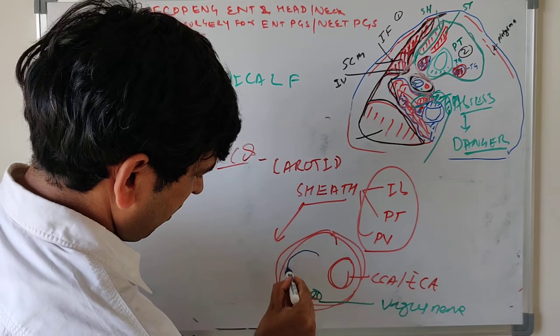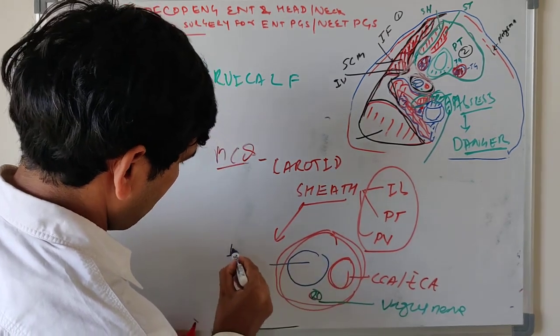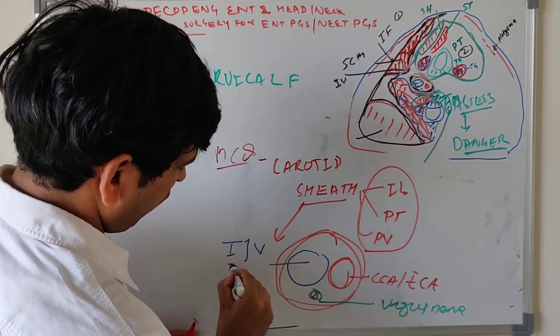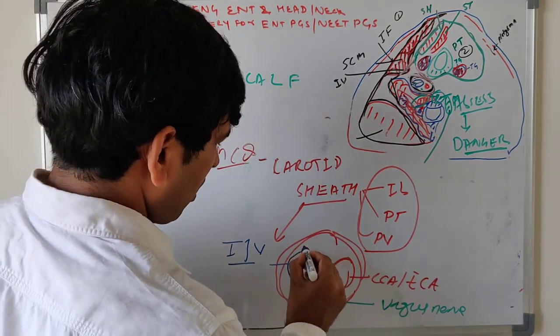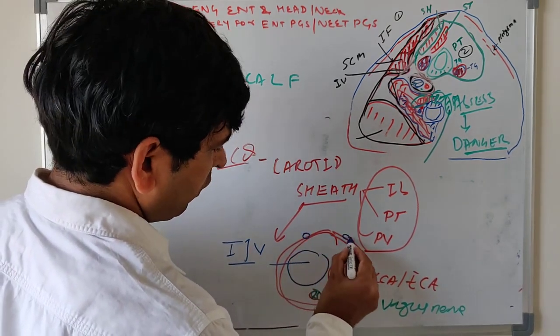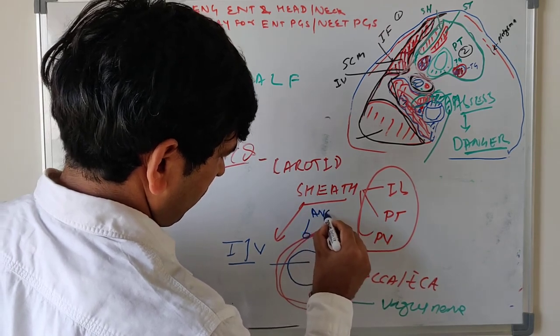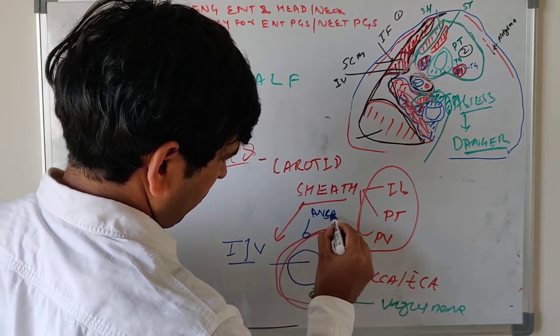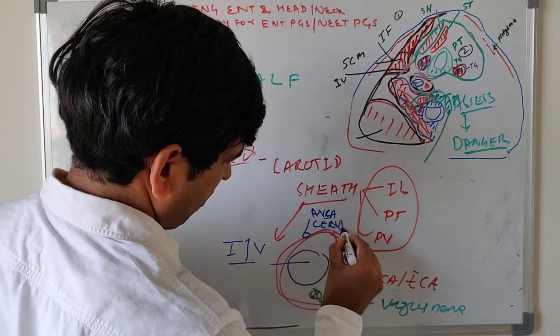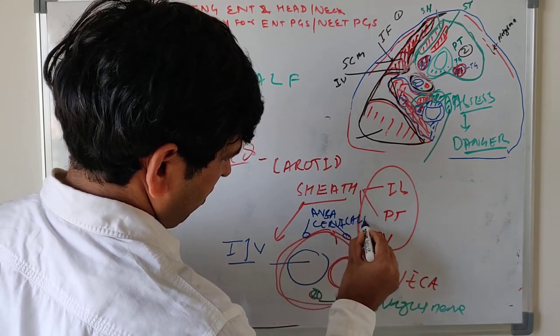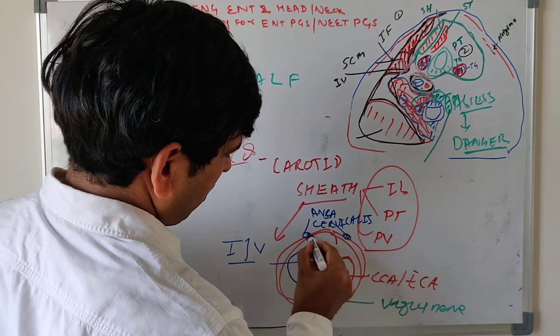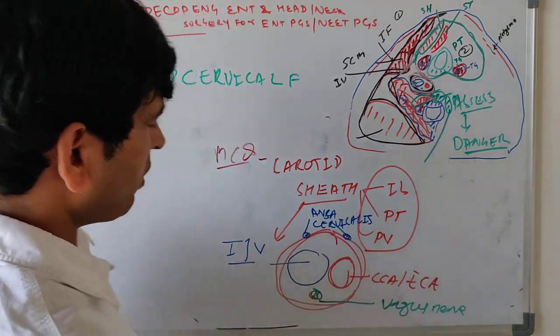One very important vein is the IJV, internal jugular vein. Here, in the wall of the carotid sheath, you find the ansa cervicalis. Okay.